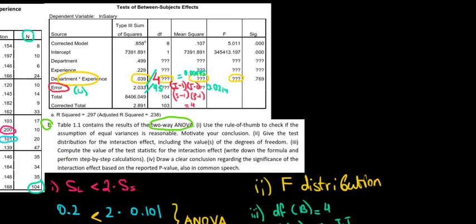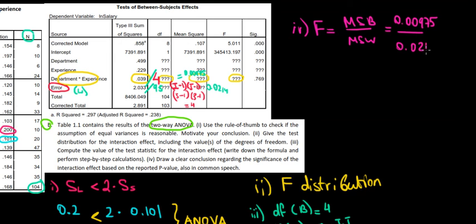Now we can compute our F-test. The F-test is the ratio of the average variation between the groups to the average variation within the groups, which is 0.00975 divided by 0.0214, and that equals 0.46.